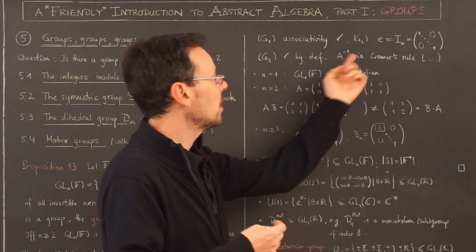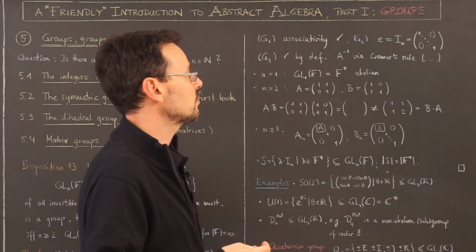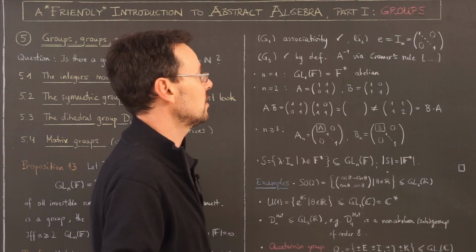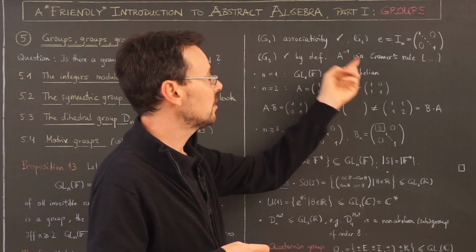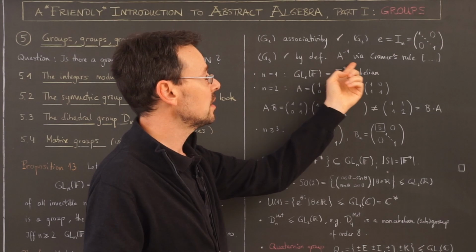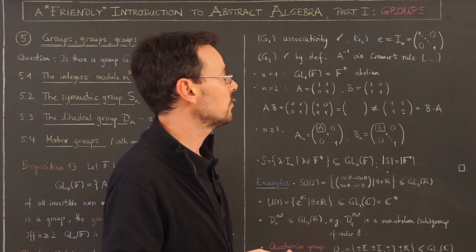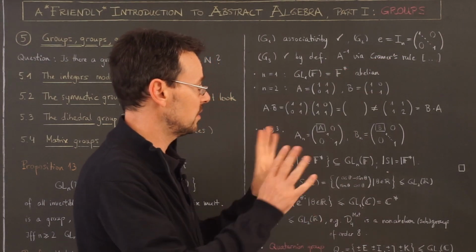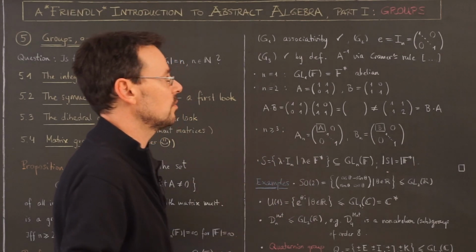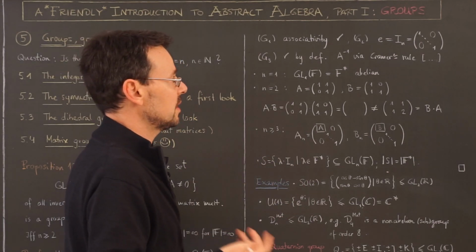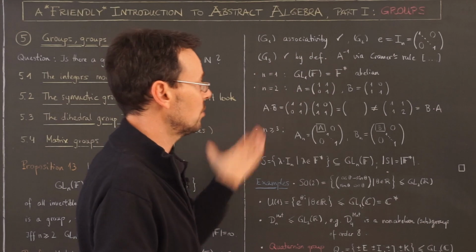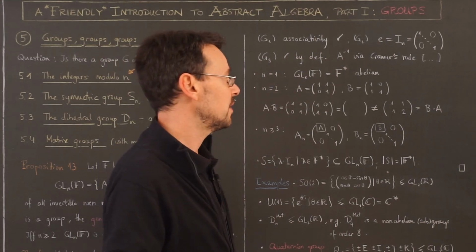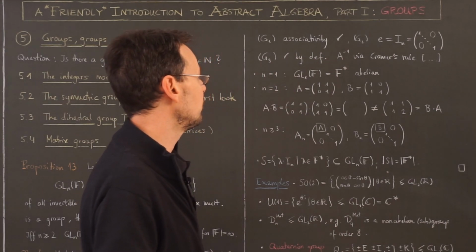So A inverse, the inverse matrix, is the inverse in this group. To calculate this inverse explicitly, you could, for example, use Cramer's rule, but this is not what this is about. We simply want to convince ourselves that it is a group, and this shows all the group axioms are satisfied, so GL_n of F is a group.